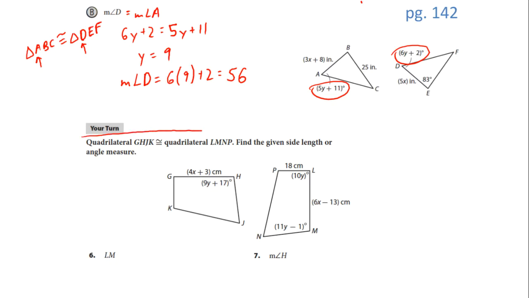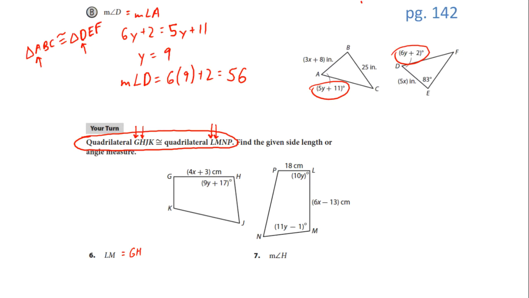So once again, we're given this congruent statement. Don't worry about the word quadrilateral. Instead of a little picture of a triangle, we have the big word quadrilateral. But it doesn't matter. The important part is that LM, the first two letters over here, corresponds to these first two letters, which would be GH. So LM is equal to GH.